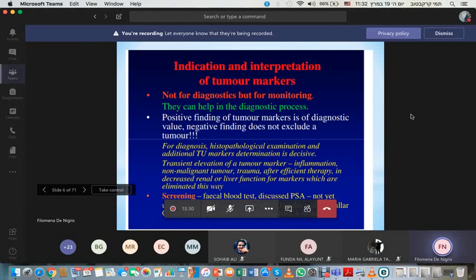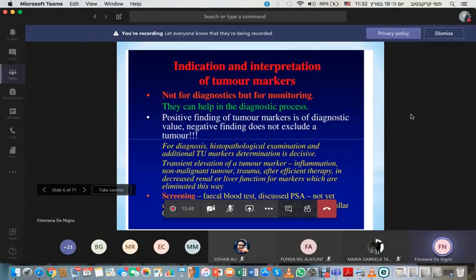How do we interpret our tumor marker? First of all, as I told before, markers from blood are not diagnostic.